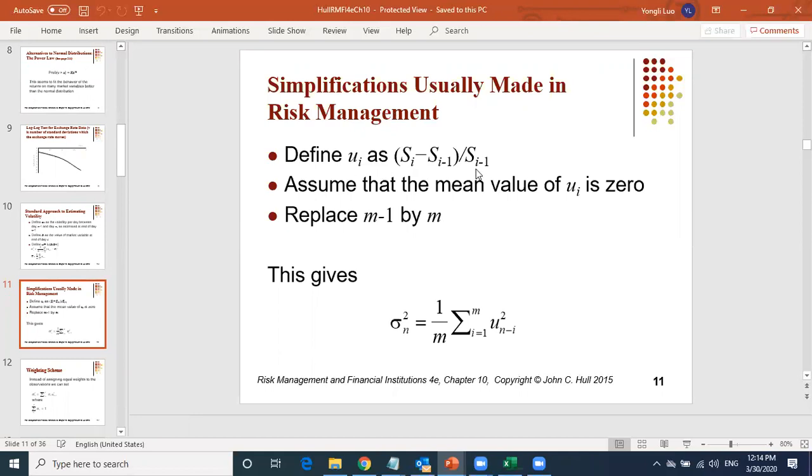Another way is to assume the mean value is 0. Now we simply take the average of the squared returns, which is going to be the variance, and you take the square root, that's going to be your volatility.